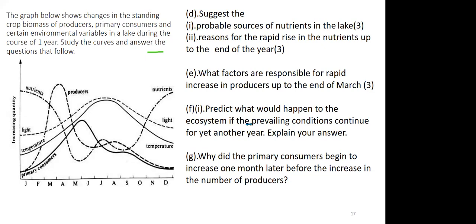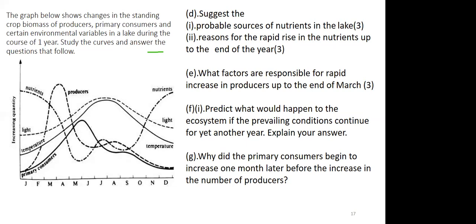Michael? Yes, sir. Yes, tell us. If you look at our graph, toward the end of the year, the level of nutrients is rapidly increasing, and meanwhile the number of producers and consumers is also decreasing.